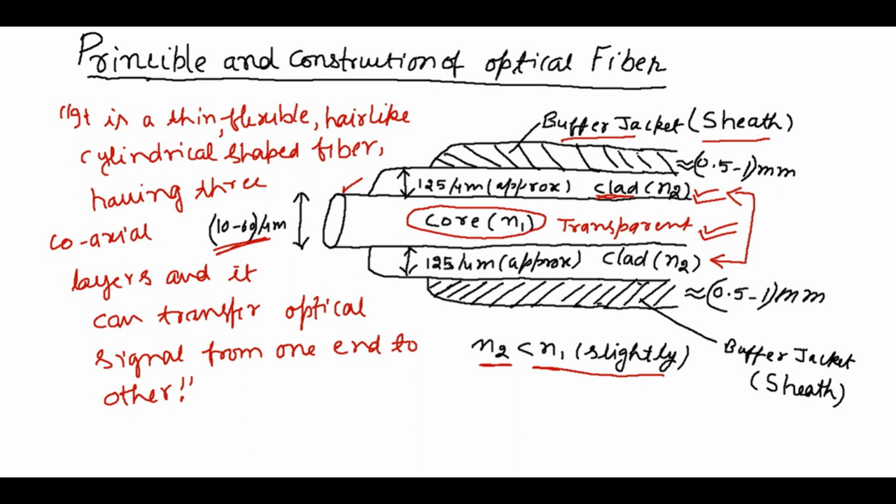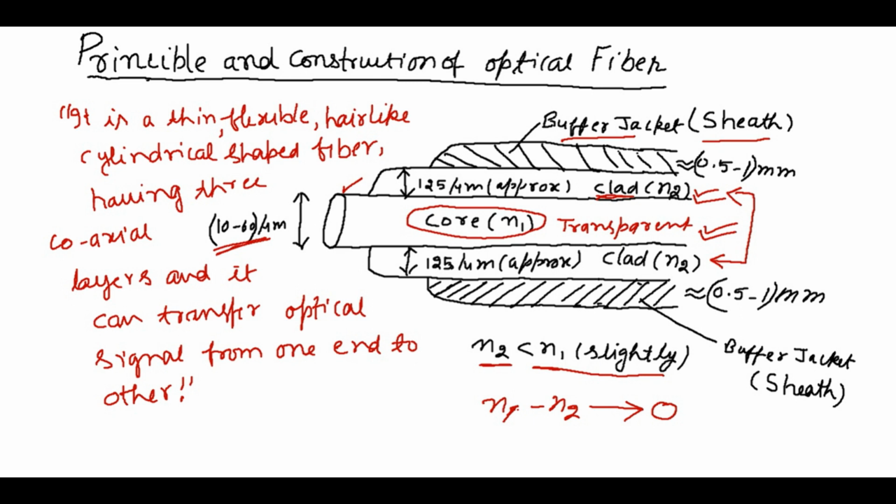I will tell you about this in my next lectures, so kindly wait till my next lecture. There I will tell you why we keep n1 minus n2 very close to 0. So this is the construction of optical fiber.